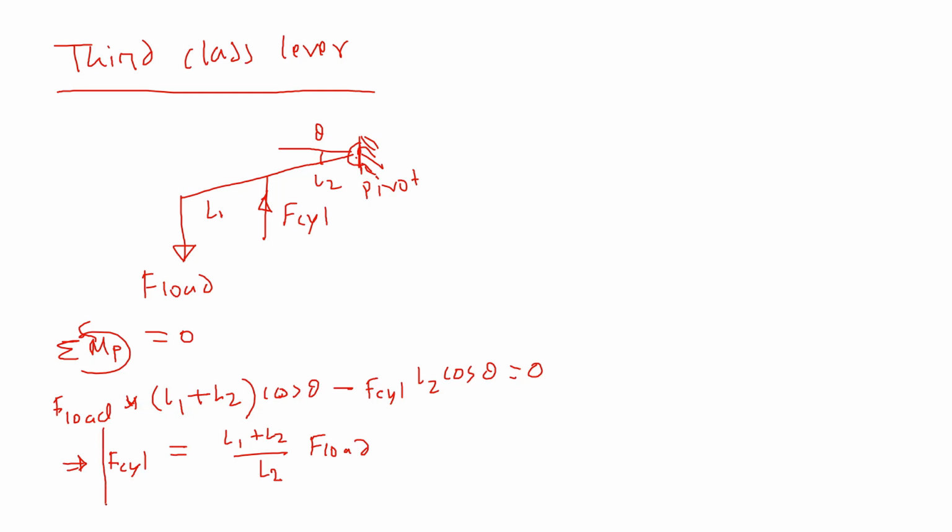So the cylinder has to produce more load. This is actually mechanically disadvantageous, so we need a bigger cylinder to lift the same amount of load.